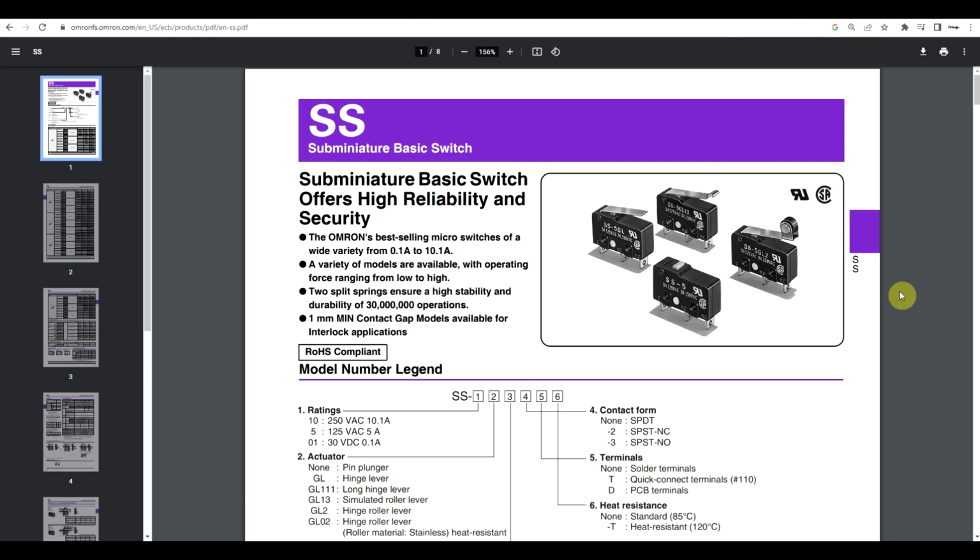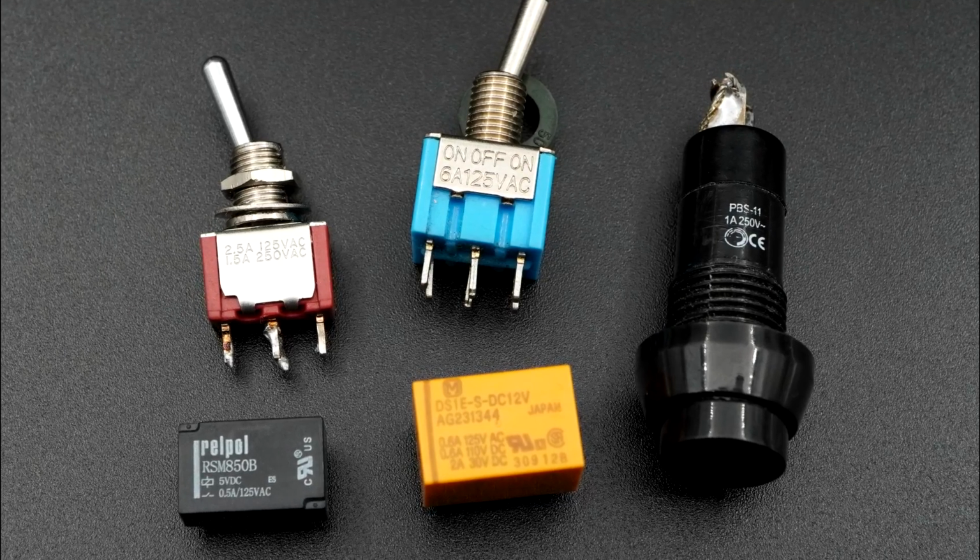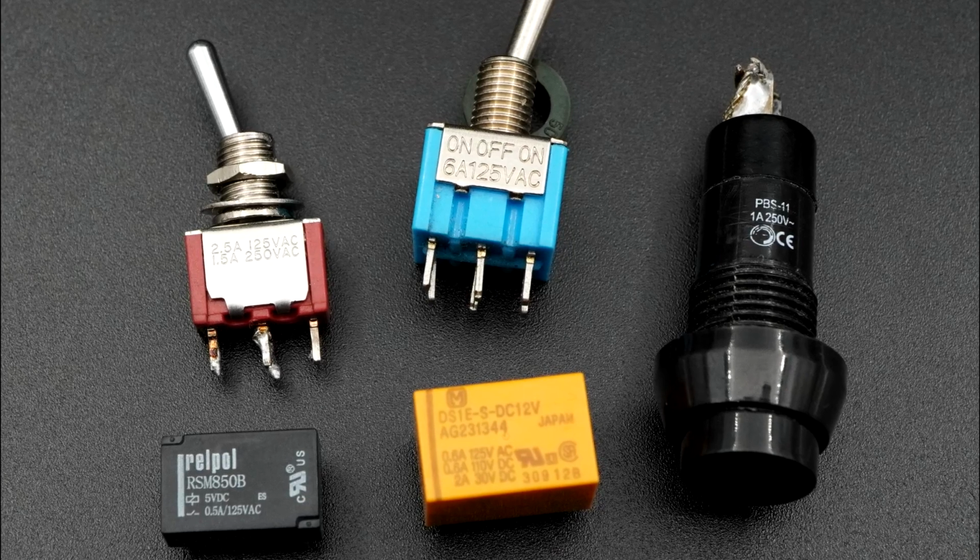Well, the first thing to understand is how do you misuse a switch to break it in the first place? For this you've got two main methods, over voltage and over current. Now, most mechanical switch datasheets, whether it's a basic switch or a more complex relay, will have a clearly marked voltage and current rating. This is the information that is usually also displayed on the component itself.